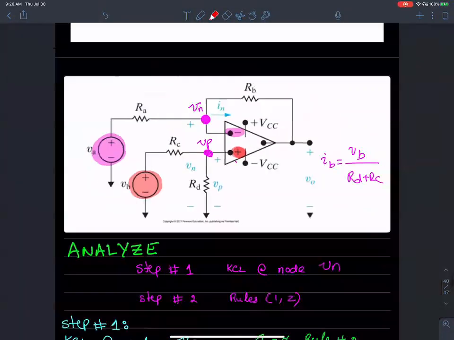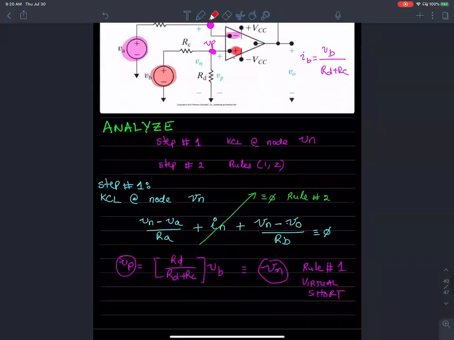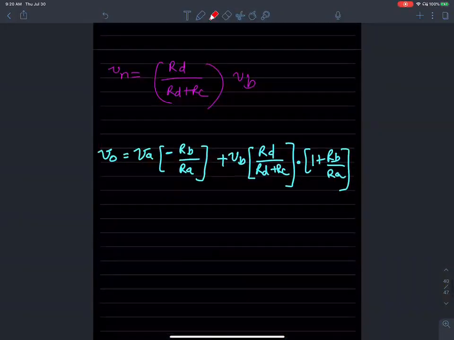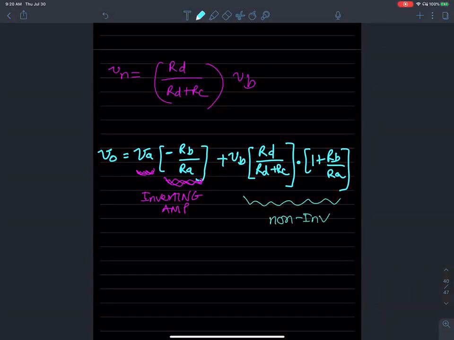As a result, the applied positive Va that is applied to the negative terminal is inverted and amplified. So that's the inverting amplifier because it is connected to the negative input terminal. And there is the non-inverting amplifier connected to the positive terminal. And that's all there is to it.